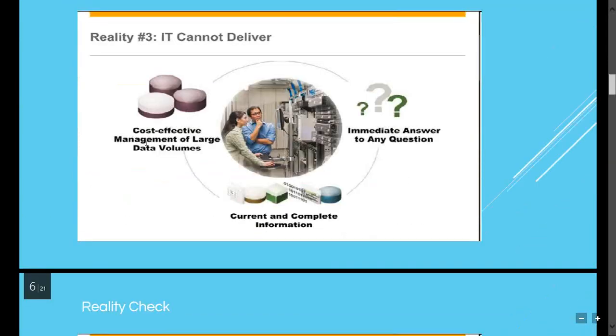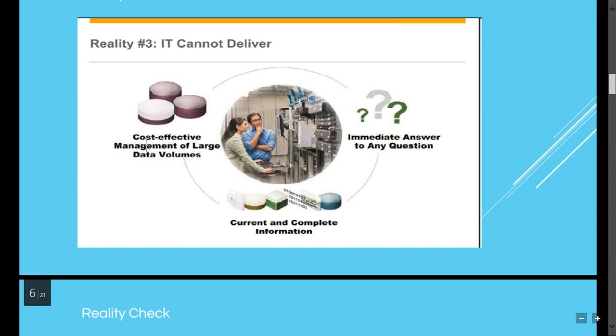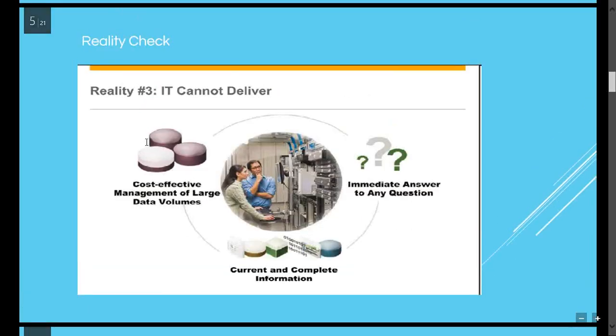This has put IT in a tough place, where IT cannot deliver what the business needs. Why? Because the cost of managing the data explosion is too high, and there is no real practical way to analyze the data instantly. You cannot just say that I can slice and dice very important data for you in real time, while the rest of the data might be slow in processing and you get it in the reports slowly.